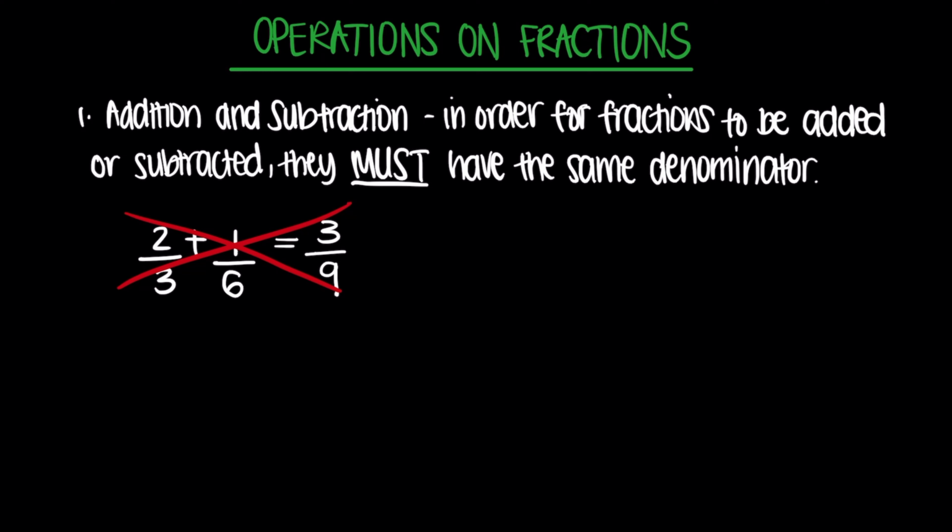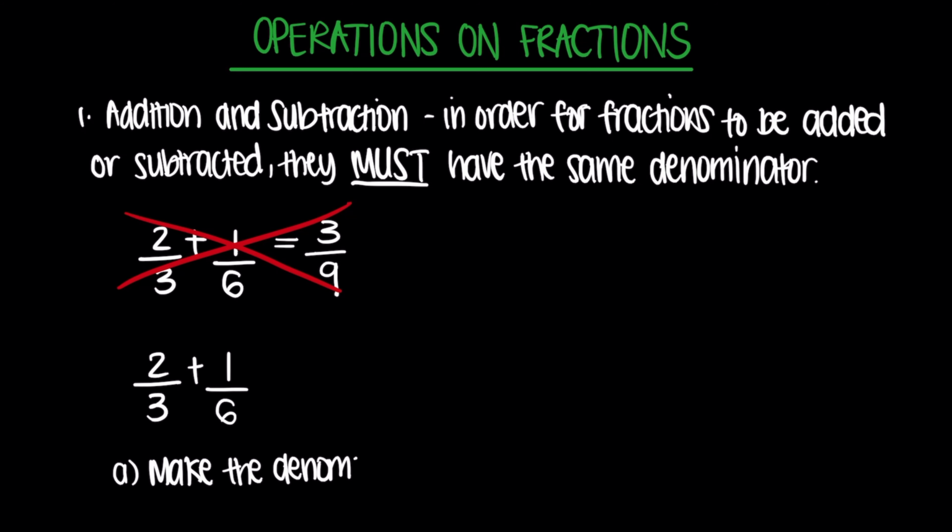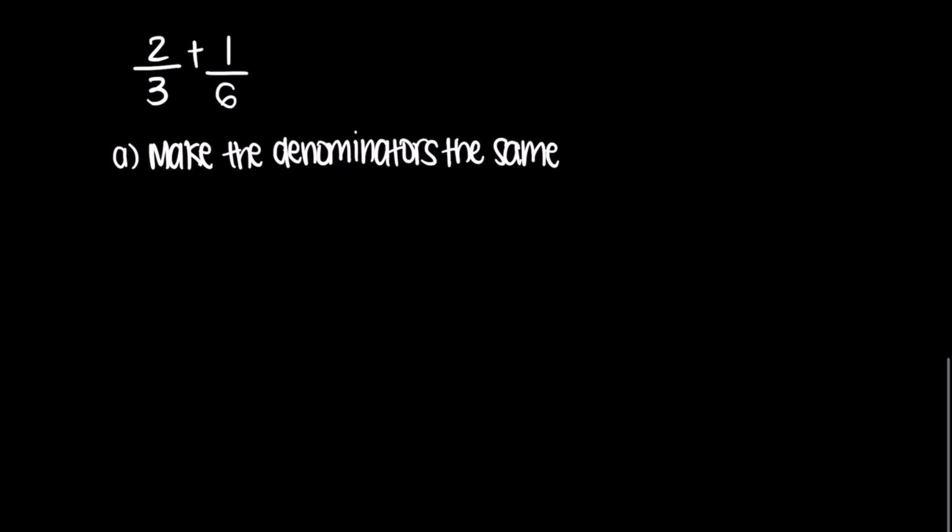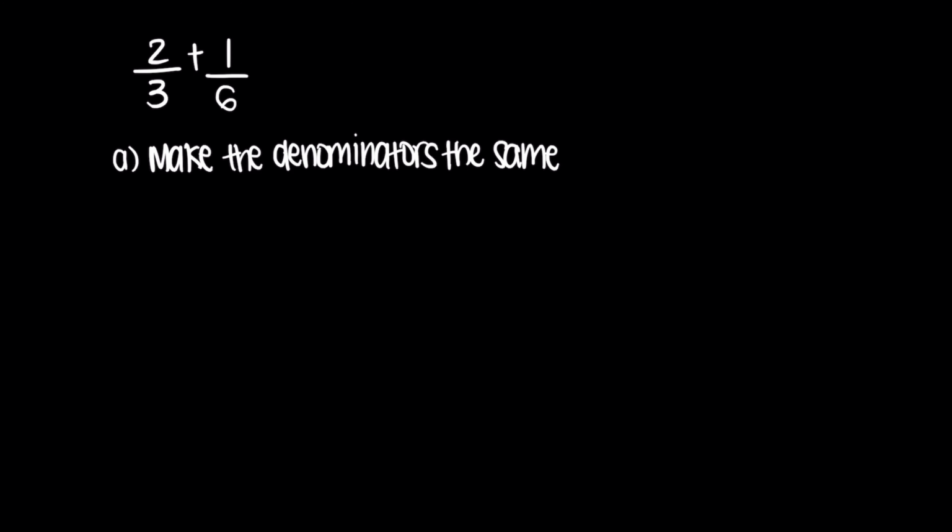If we want to add 2 over 3 and 1 over 6, the first thing we have to do is make the denominators of the fractions we're adding the same. In this case, we have the denominators 3 and 6 from the fractions 2 over 3 and 1 over 6. So we have to convert at least one of the fractions so that they both have the same denominators.